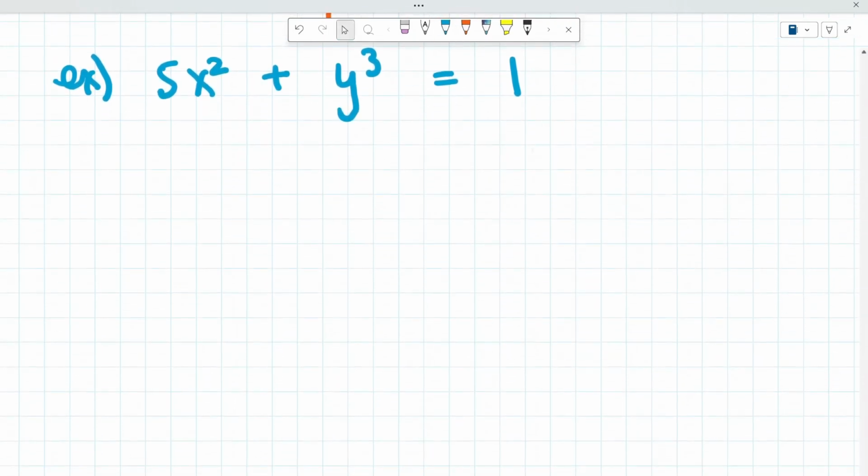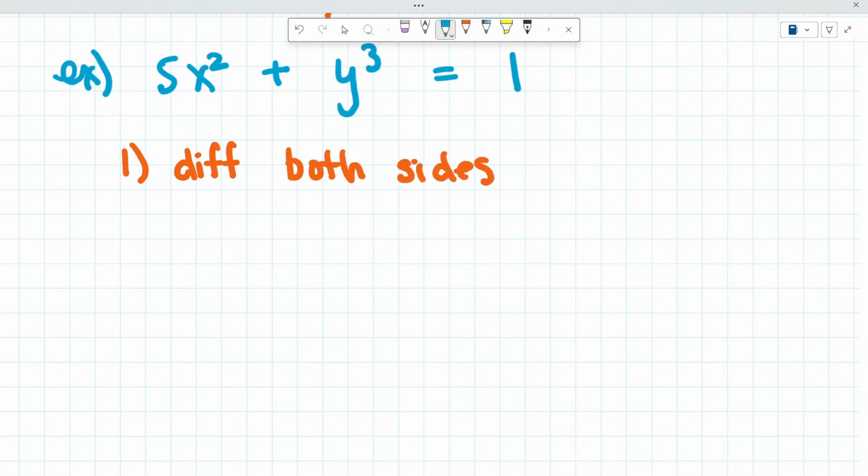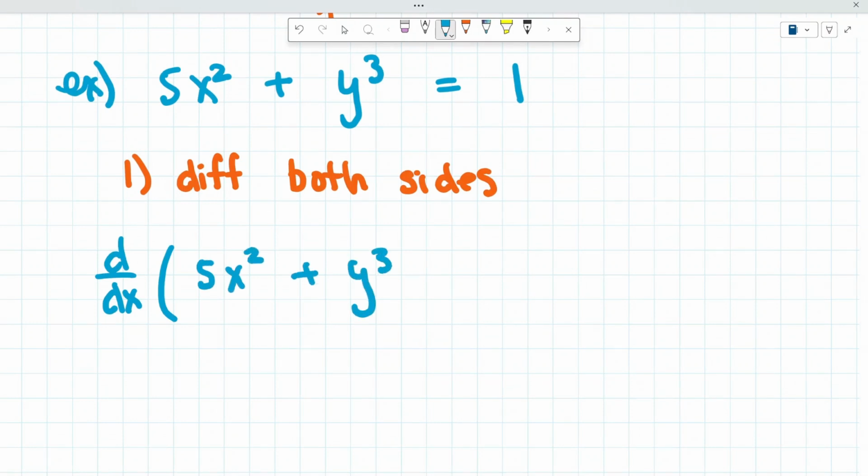Okay, let's begin. So the first thing that we have to do is we need to differentiate both sides of the equation. Okay, so what does that give us here? We have d over dx of 5x squared plus y cubed equals d over dx of 1.